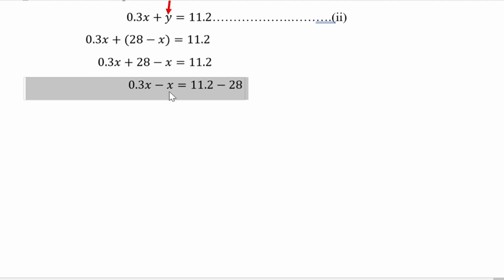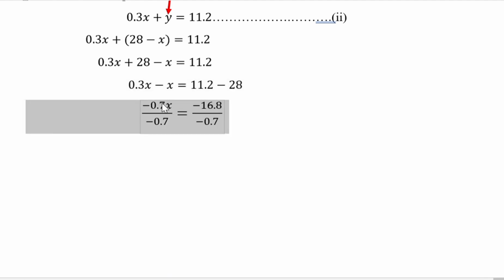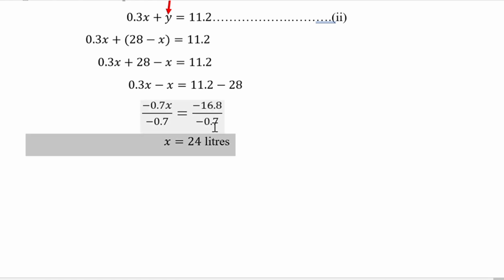This simplifies to negative 0.7X, because this is like 0.3X minus 1X. So that gives us negative 0.7X being equal to, when you subtract this, you get negative 16.8. To get X, you divide both sides by the coefficient of X, which is negative 0.7. That gives you X being equal to 24 liters.